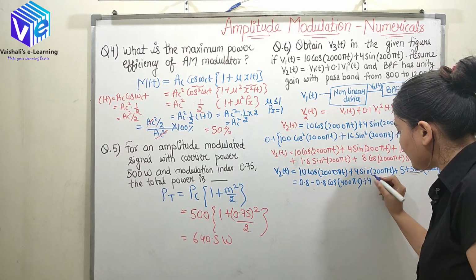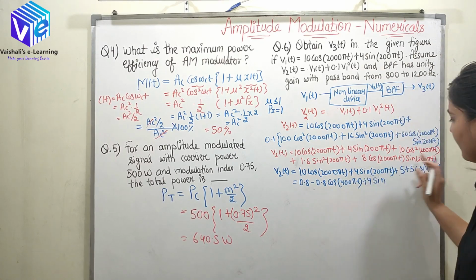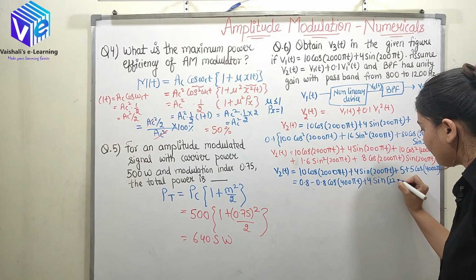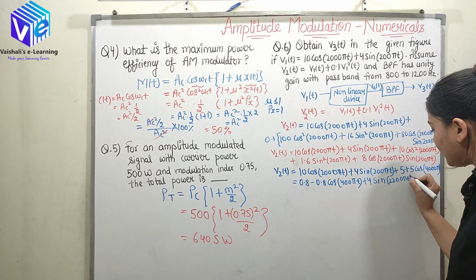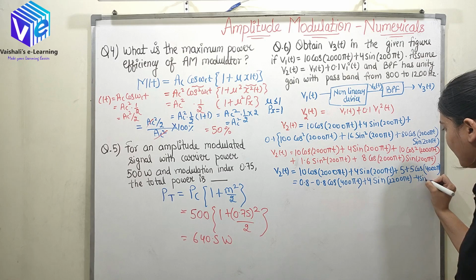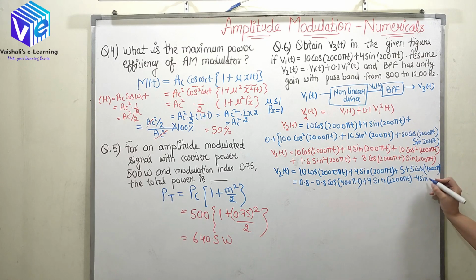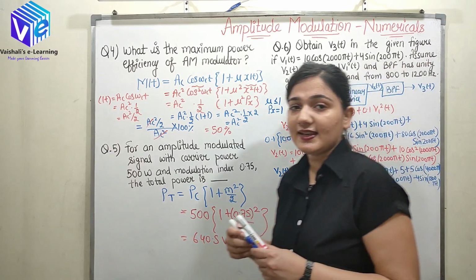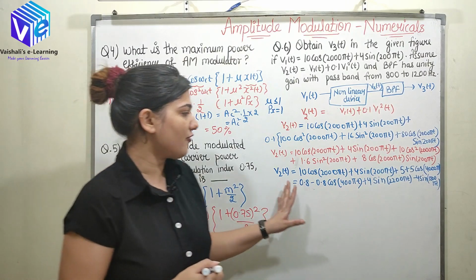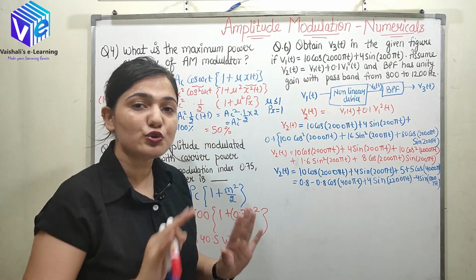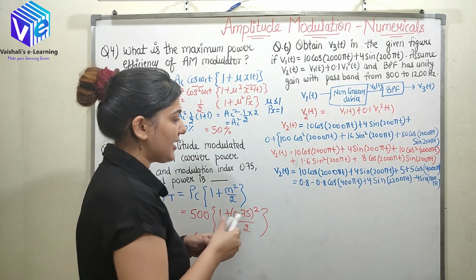So I can represent it as 4 sin of (a plus b), which is sin of 2200 pi t, minus 4 sin of (2000 minus 200), which will be 1800 pi t. So now this is the simplified equation of V2(t). I just used the trigonometric equations, that is it.